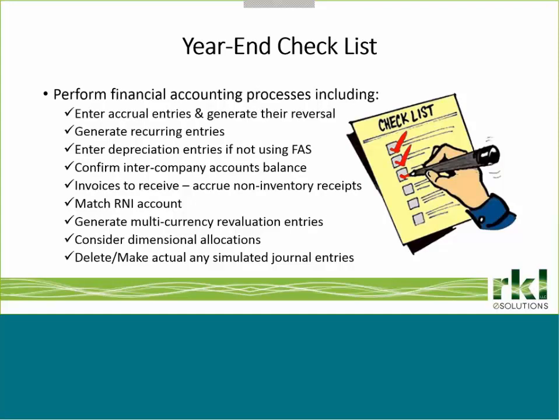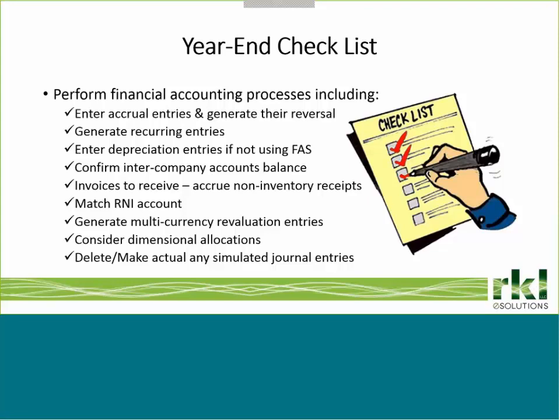All right, so continuing down the checklist, then we get into our perform financial accounting processes. So you want to enter your manual accrual entries that you normally put in and you want to check the box to reverse them. You can either reverse them one at a time, or you can use the X3 function to reverse them all together at once.